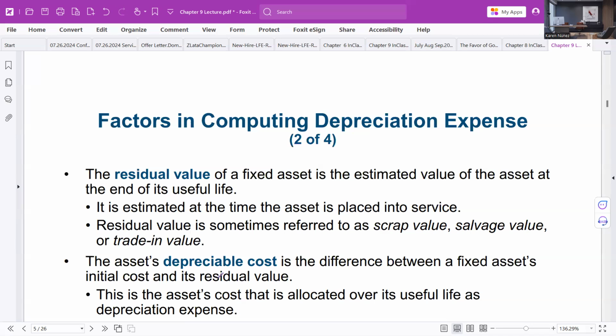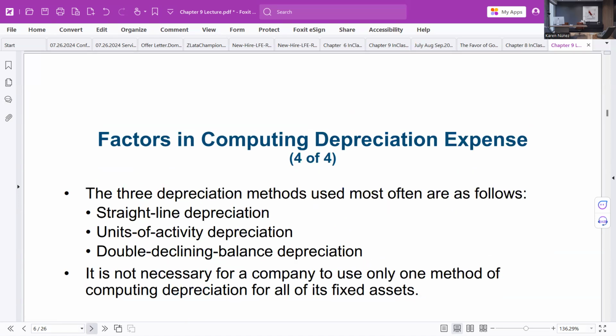Also, when we combine two of those key factors, which is the cost of the asset and its residual value, we end up with what we call the depreciable cost. So the difference between the cost and the residual value, right? The cost and the residual value is that depreciable cost. And it's that amount that we allocate to depreciation expense over the useful life.